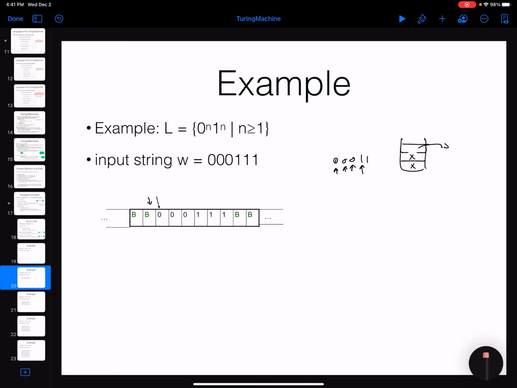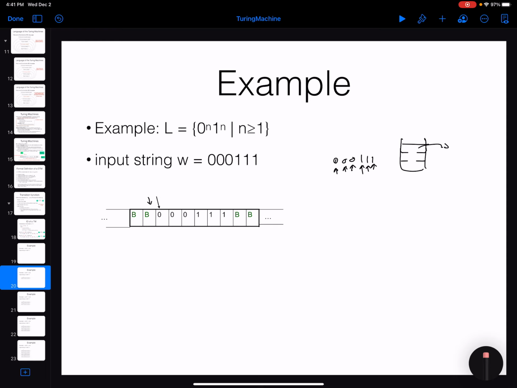Then you read the next 1, you pop the next X, and whenever you reach the end of the input string, if the stack is empty, you accept the string.